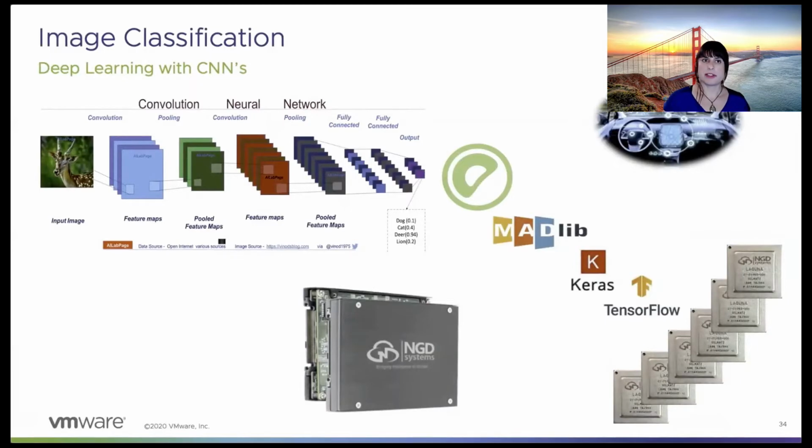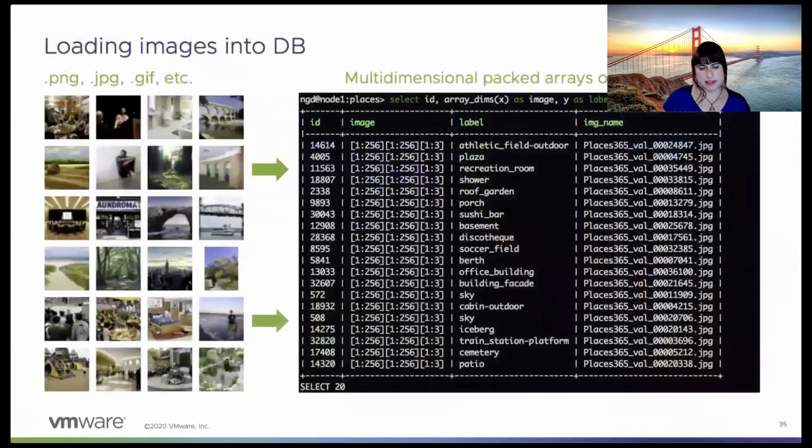So how do you actually load an image into a database? A database, of course, is tables of columns of numbers and text, usually. So we break the individual pixels of the photos, the images, up into multi-dimensional arrays.